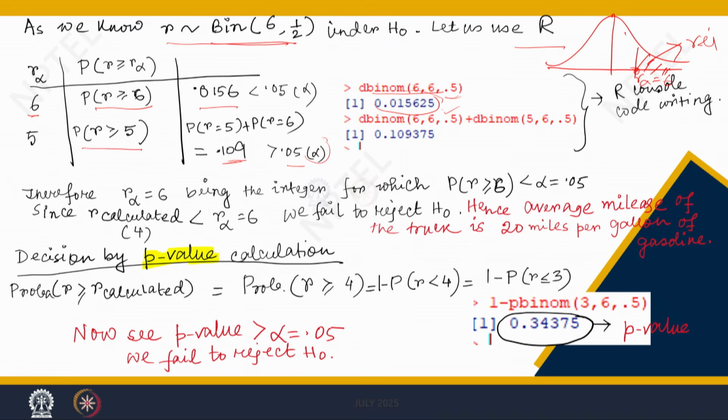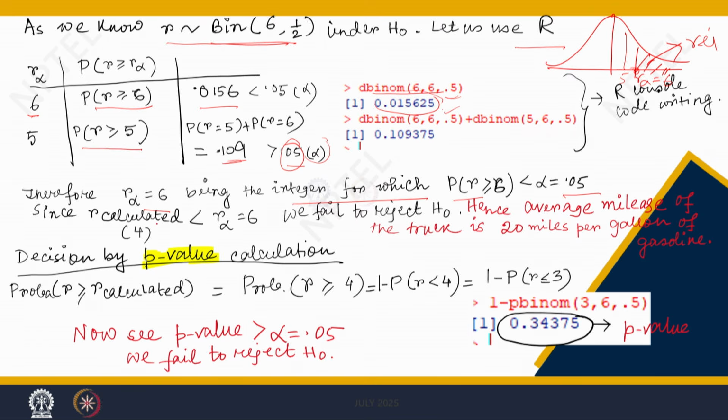But whenever you are enlarging your rejection region, taking one more value, that is 5, then the probability beyond 5 is surpassing your fixed alpha 0.05. Clear? Therefore, r alpha is equal to 6, being the integer for which probability r greater than or equal to 6 maintains the probability less than alpha.